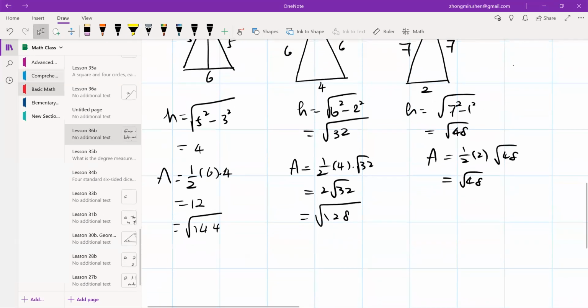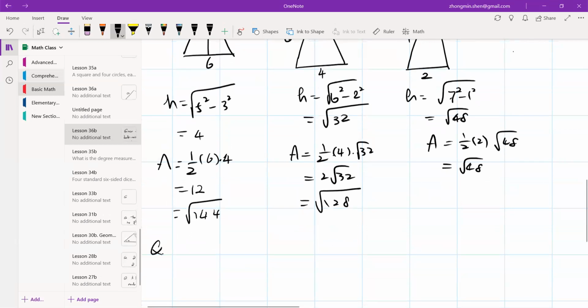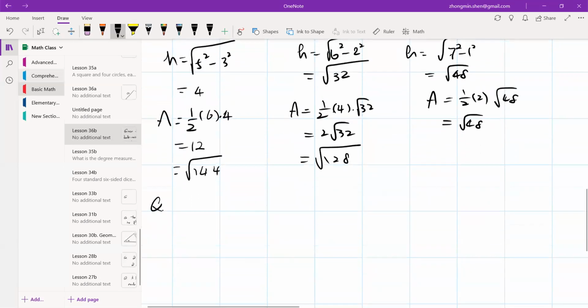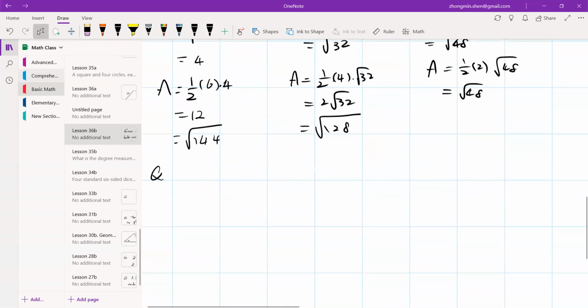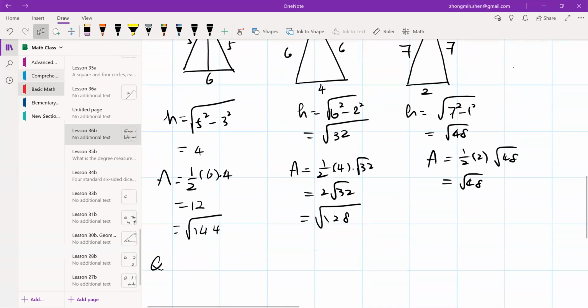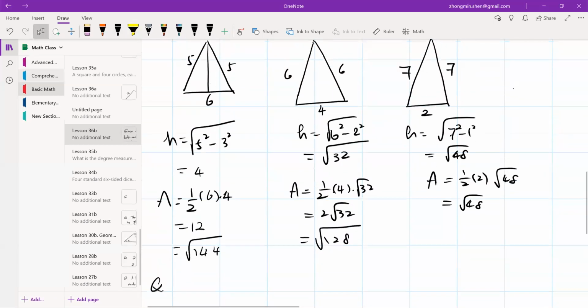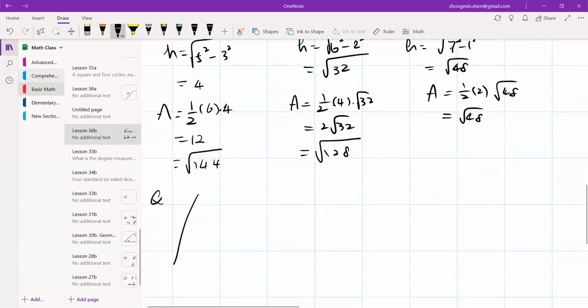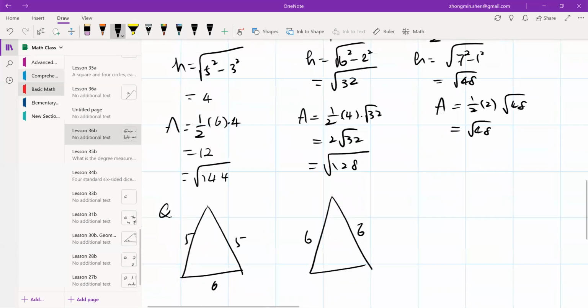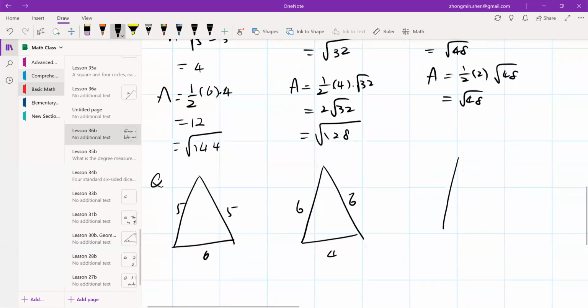Now, do you still remember how we get the area of a circle? Which one gives you the area of the largest circle? So here we have 5, 5, 6, and 6, 6, 4, and the next one is 7, 7, 2.